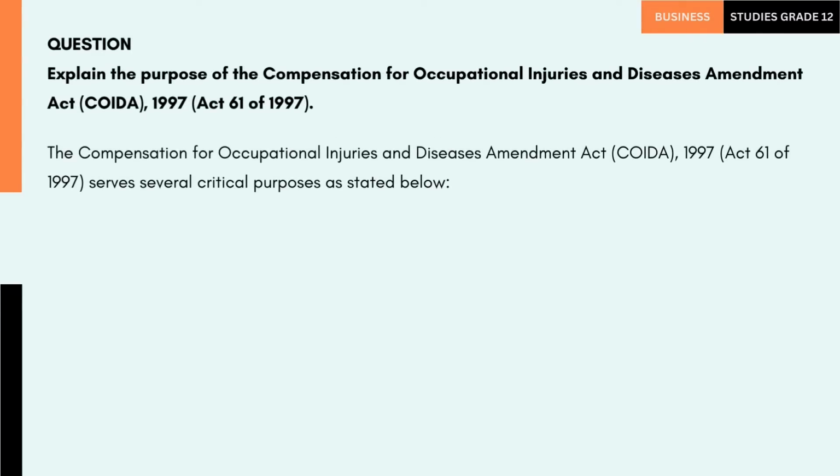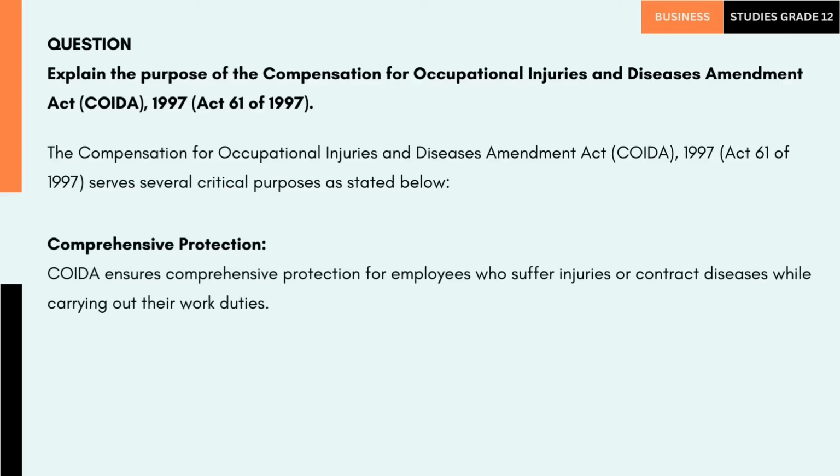Question: explain the purpose of the Compensation for Occupational Injuries and Diseases Amendment Act (COIDA) 1997, Act 61 of 1997. The Act serves several critical purposes, as stated below. 1.